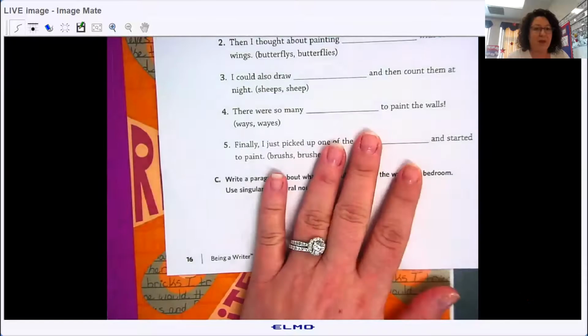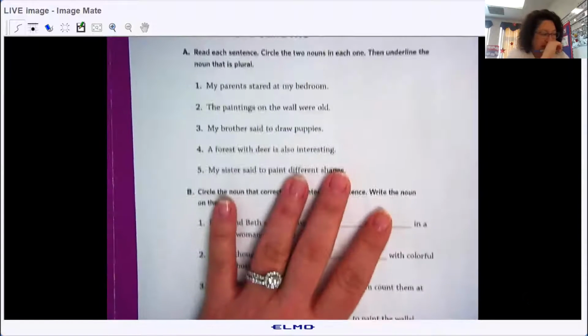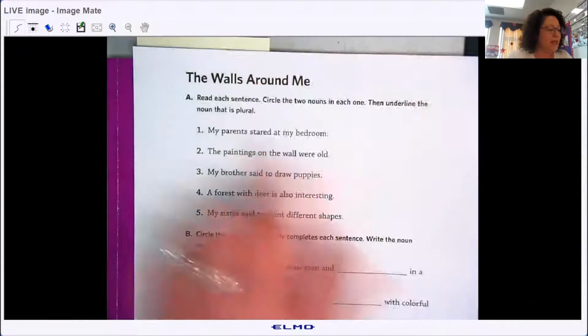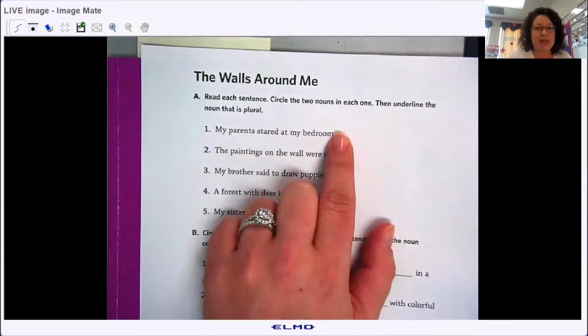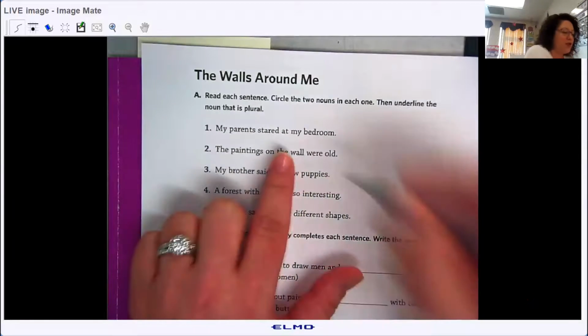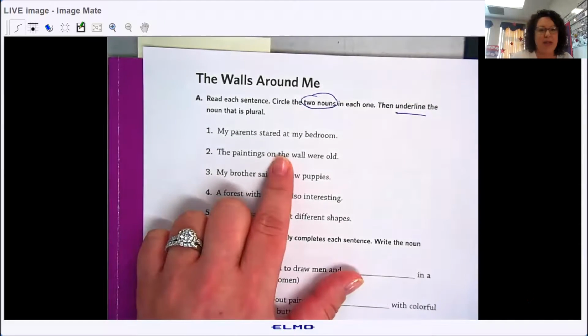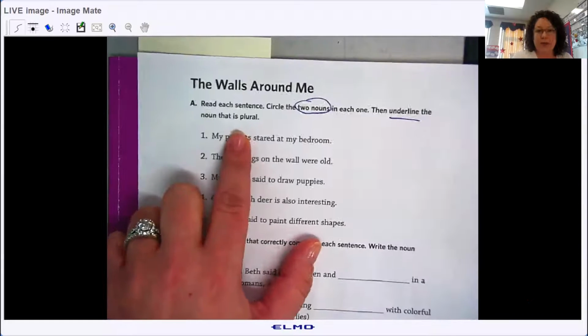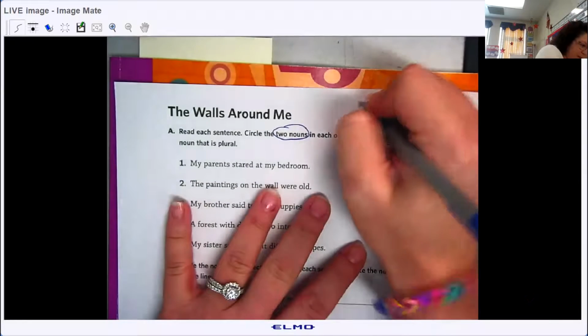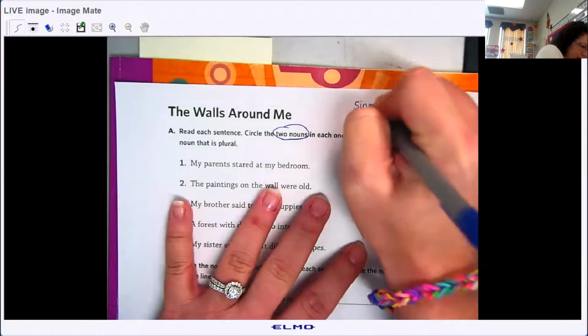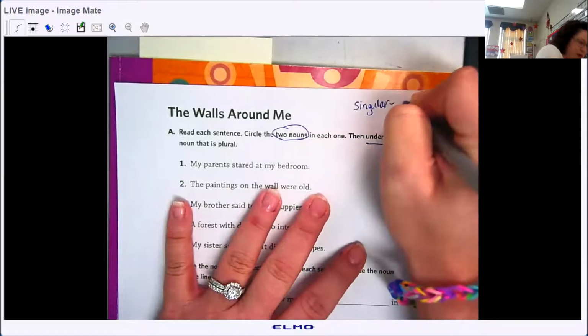All right. We are going to read the directions, read each sentence, circle the two nouns in each one. So it says circle the two nouns, and then underline the noun that is plural. Remember, plural means more than one. So let's write that at the top. Singular, one noun.